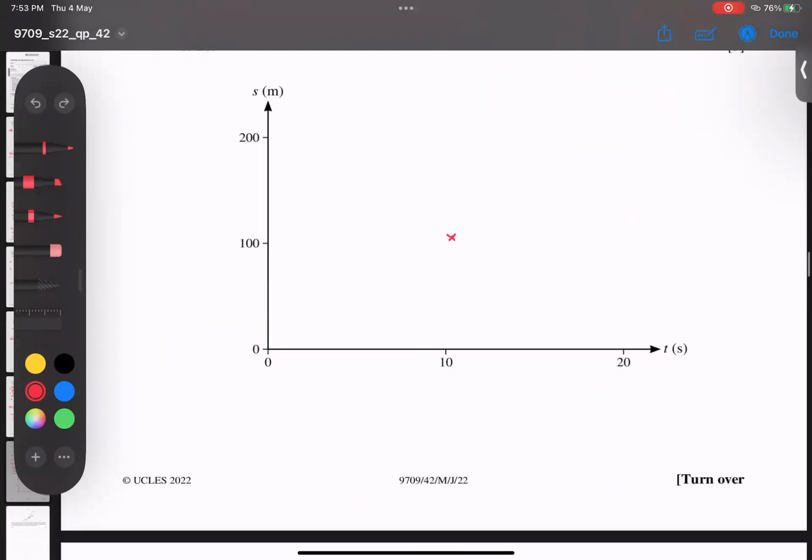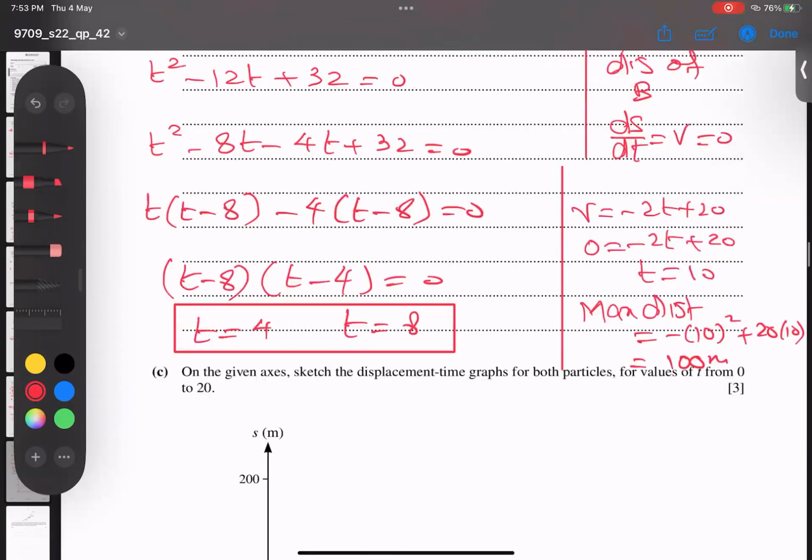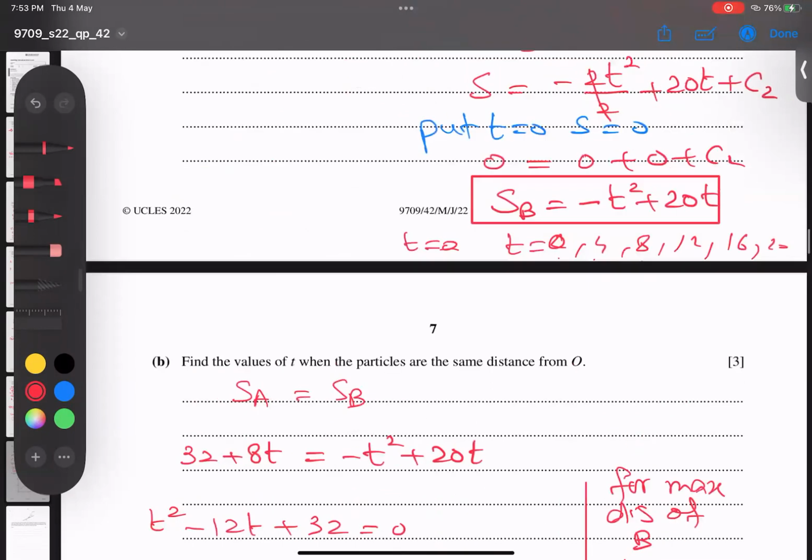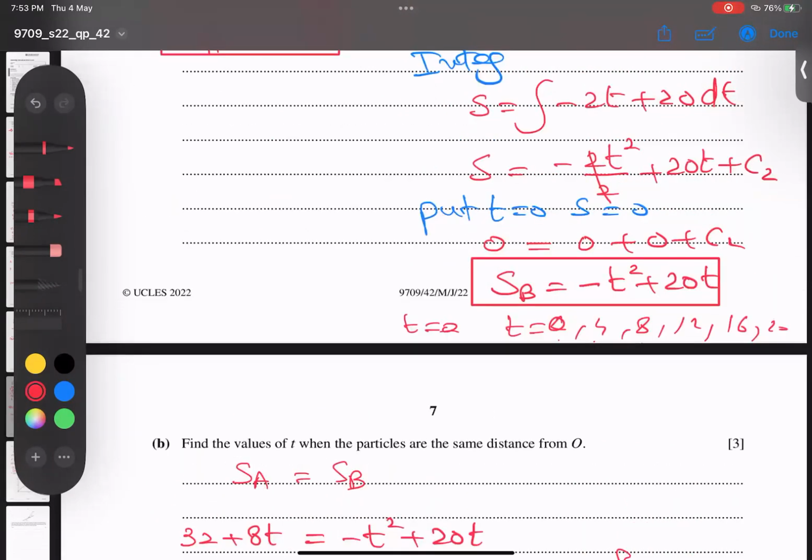And for your knowledge, the curve will come this way. First, it goes this way. You can ask me how I know. Whenever we have a positive t squared, we get this kind of curve, and whenever we have a negative t squared, we get this kind of curve. That is the logic behind it.